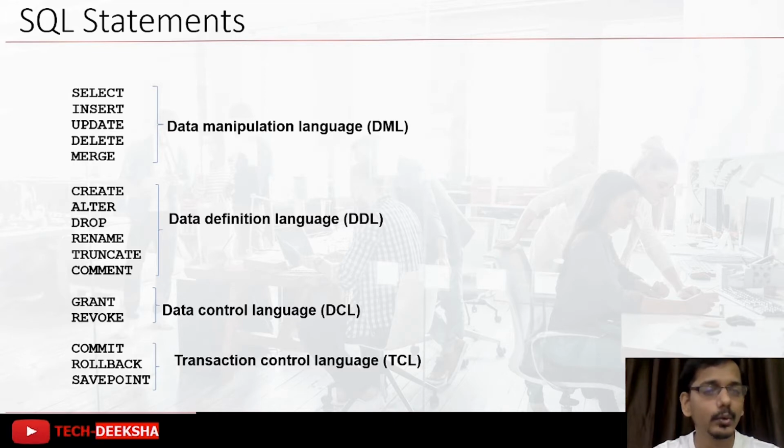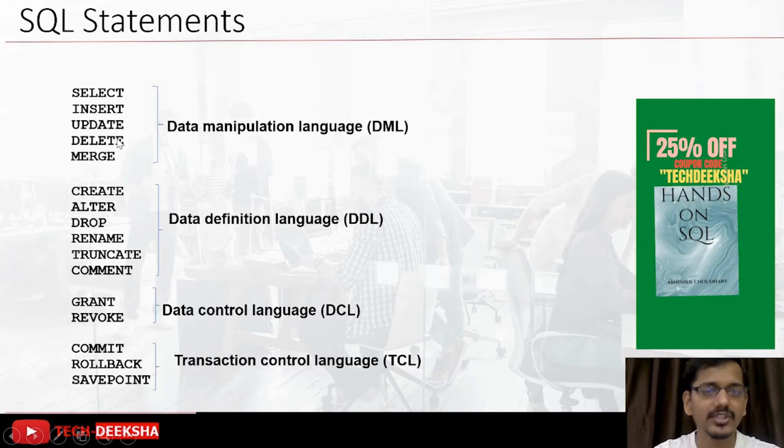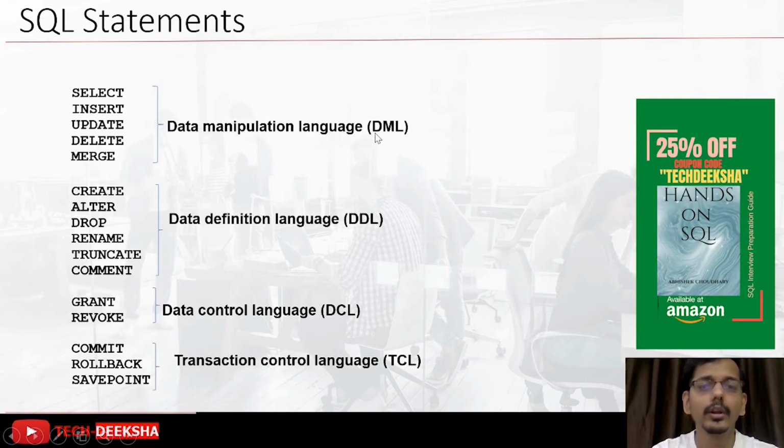If you want to delete those values, you can use the delete statement. And using merge, you can perform delete, update or insert at the same time by applying some condition. So these five statements belong to your DML operation.